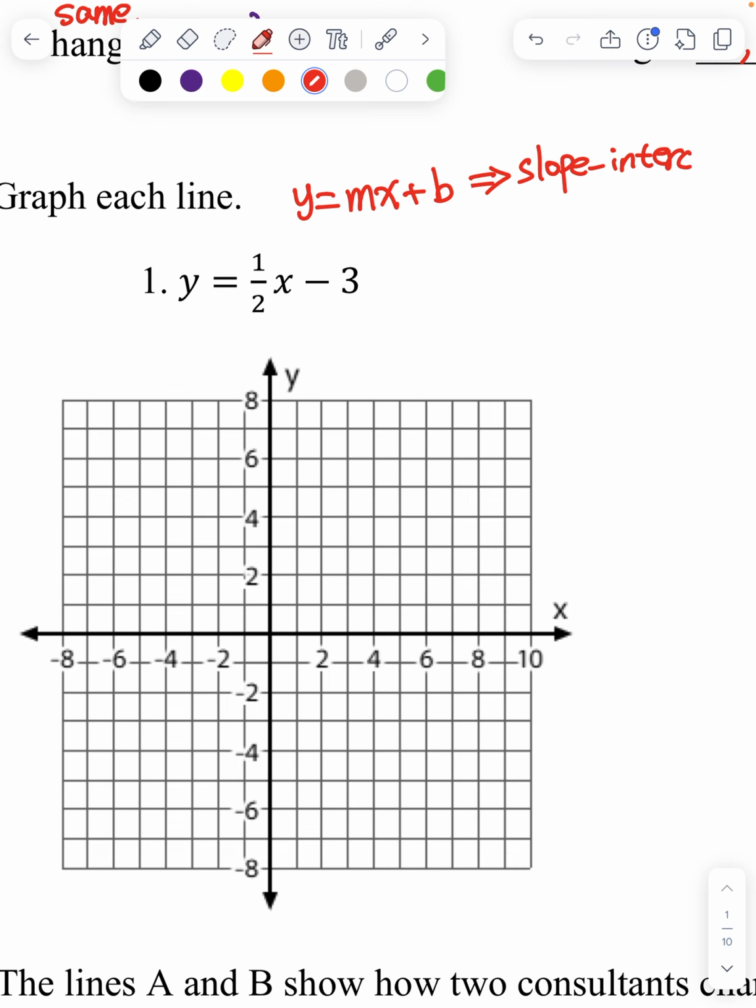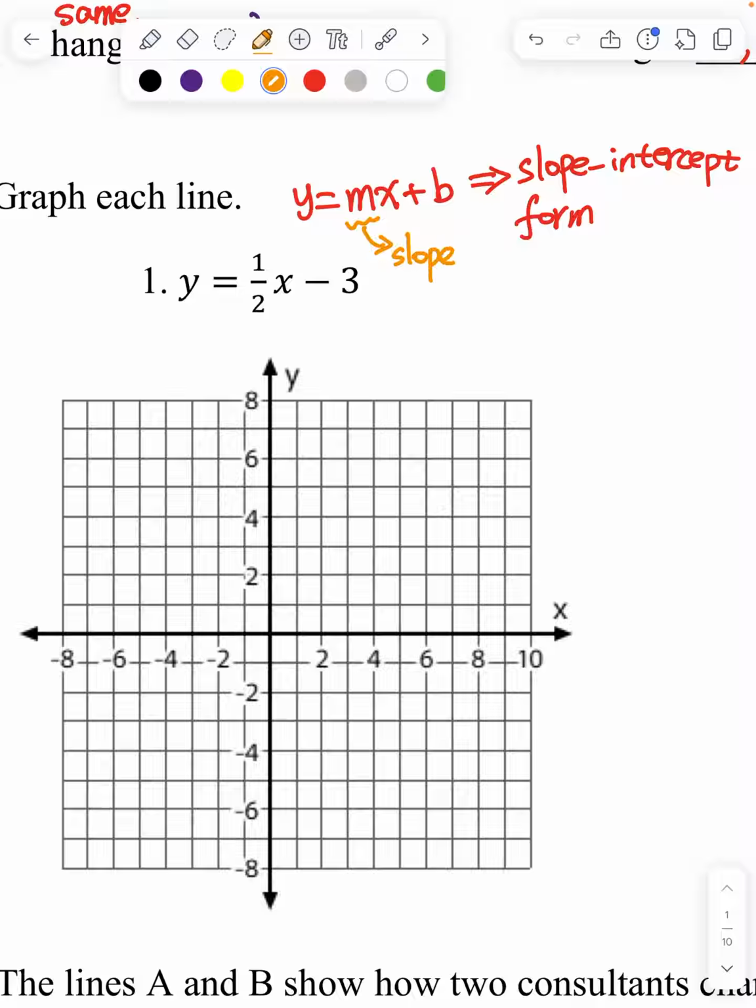For linear equations, we can write many different forms. This one is one of the most important ones, slope-intercept form. So y equal to some number multiply x and plus b. The number in front of x, m, represents the slope.